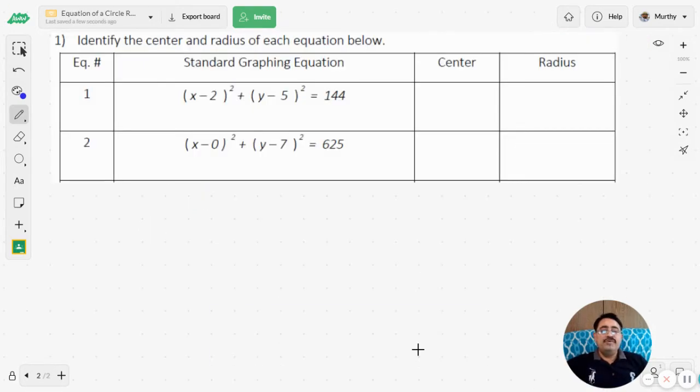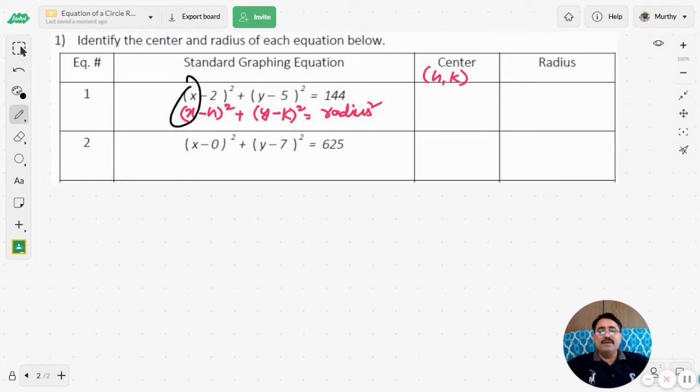So there are two questions here, and you are asked to find the center and the radius. These are pretty easy questions. First of all, let me write the condition (x − h)² + (y − k)² = r². So here the center is h comma k.